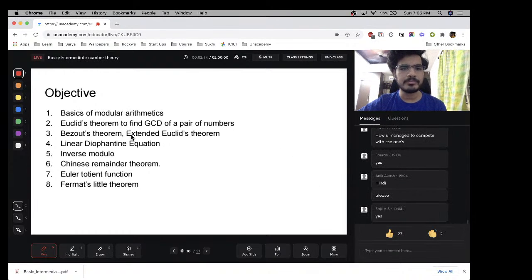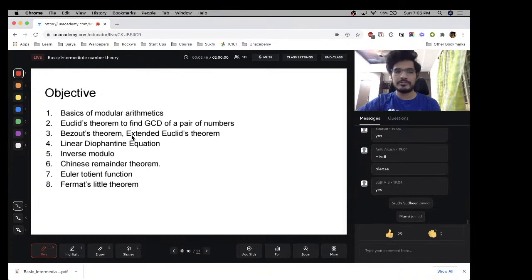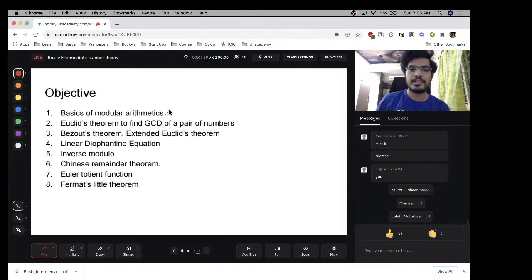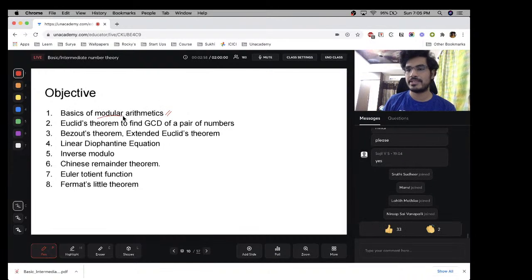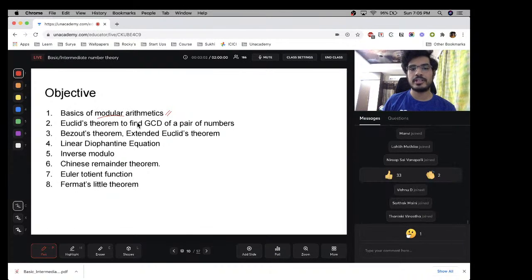So yeah, we are going to first start with basics of modular arithmetics. Like in number theory, a lot of things are done using the modular operation. So we are going to learn the basics of that, and we are going to learn about Euclid's theorem for finding GCD.